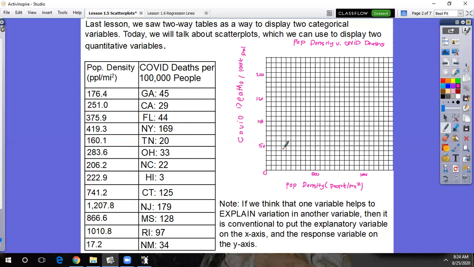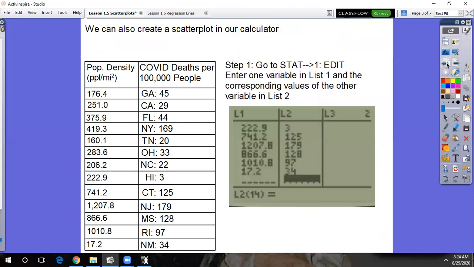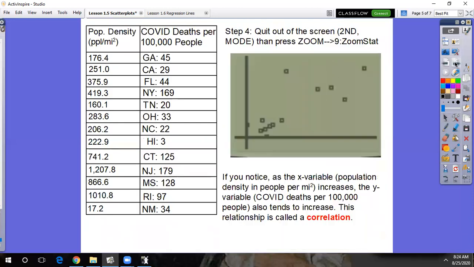So we'll just say it's somewhere in this area right here. We're not going to go through plotting all the points. You guys, I'm sure, know how to plot points. But when we plot all of our points, it gives us an idea of the general trend in the data. I'll skip ahead to what it's going to look like. It's going to look something like this.